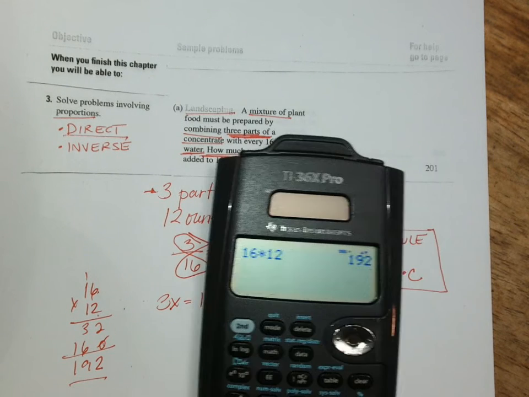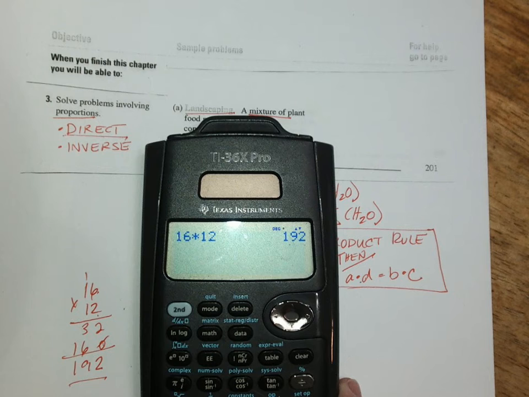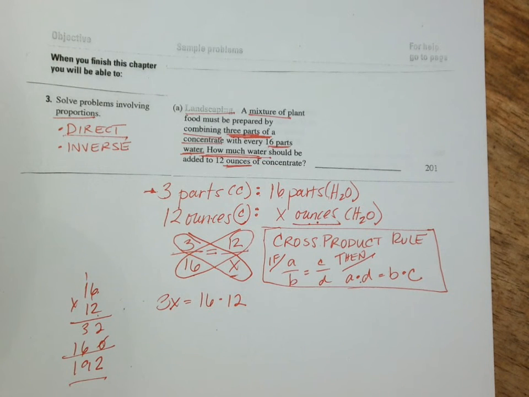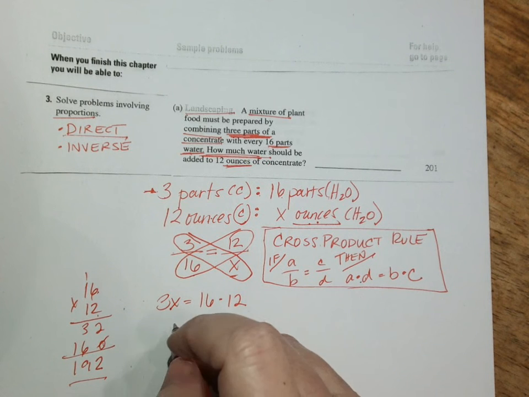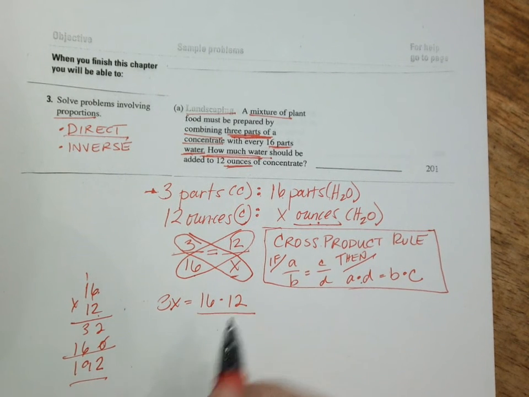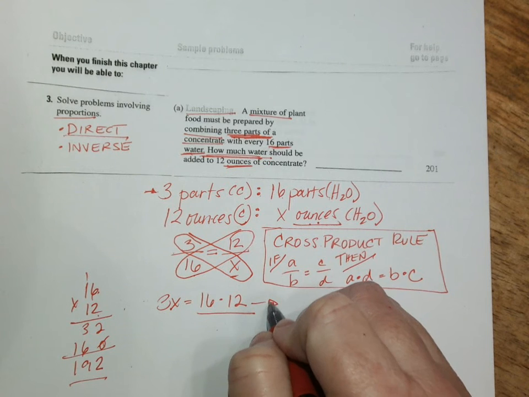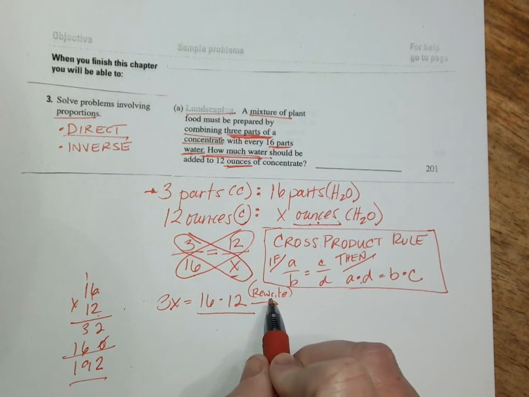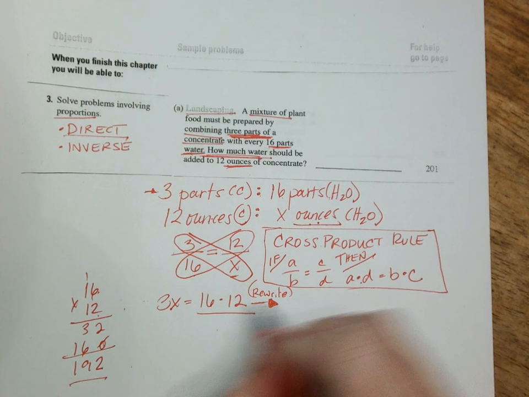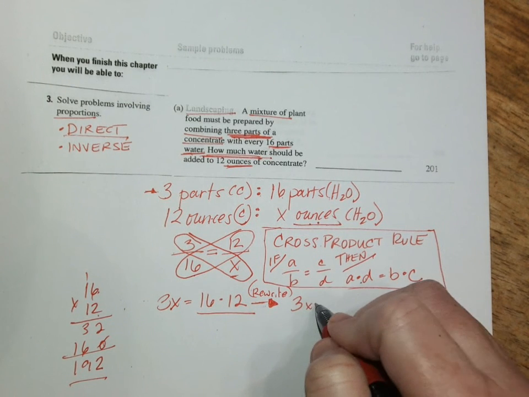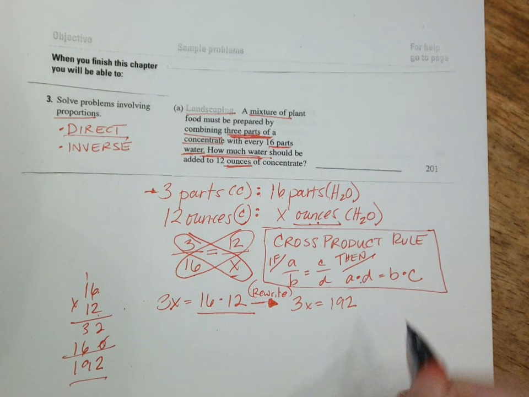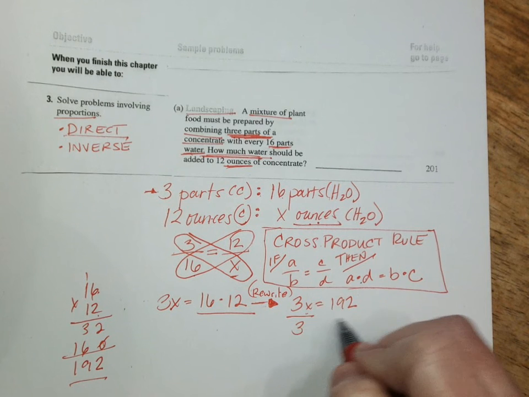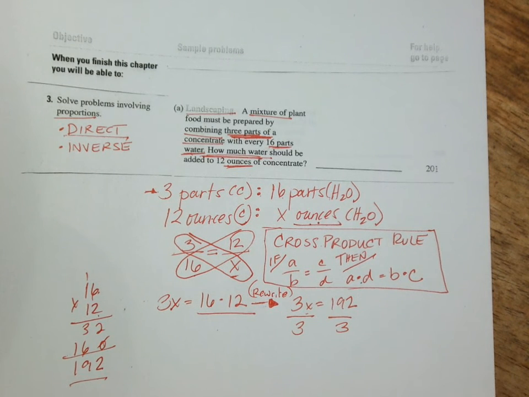So I've got 3x is equal to 16 times 12. Now I'm going to rewrite. When I use this arrow, I'm usually rewriting. So I'm going to say that 3x is equal to 192. Now I need to get that x variable by itself, so I'm going to divide by 3. If I divide by 3 on one side, I have to do it on both sides.